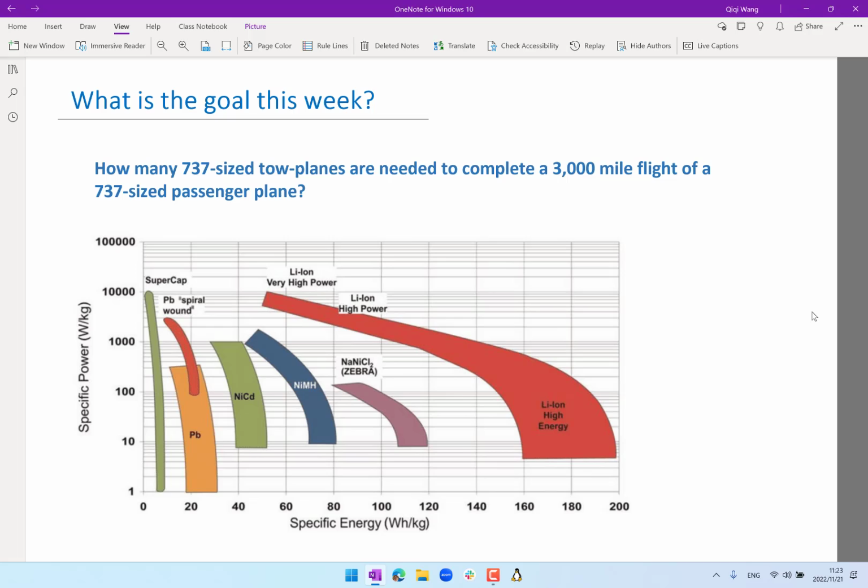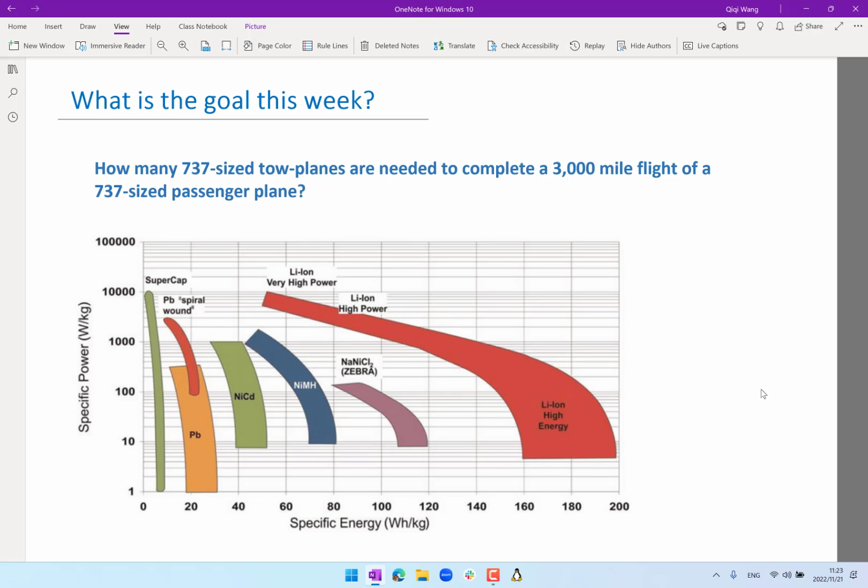Yeah, so how many do we need? And for that, you need 2 things. You need the energy density and the power density of current batteries. So here we just use this line, as what we can do today. So we don't have to focus too much on that.